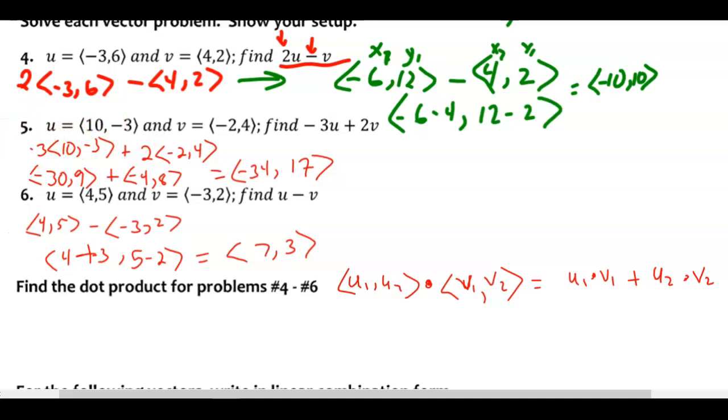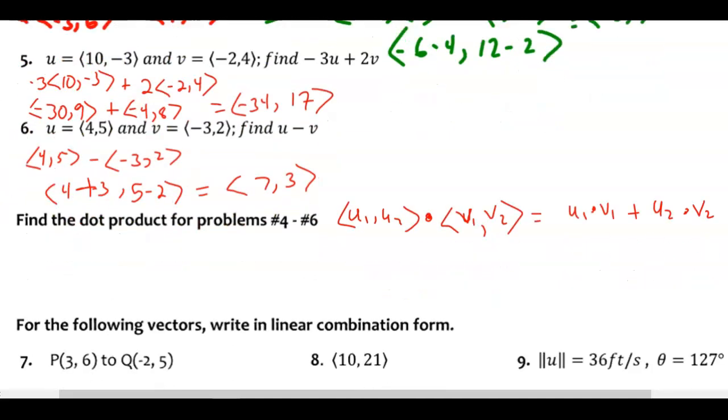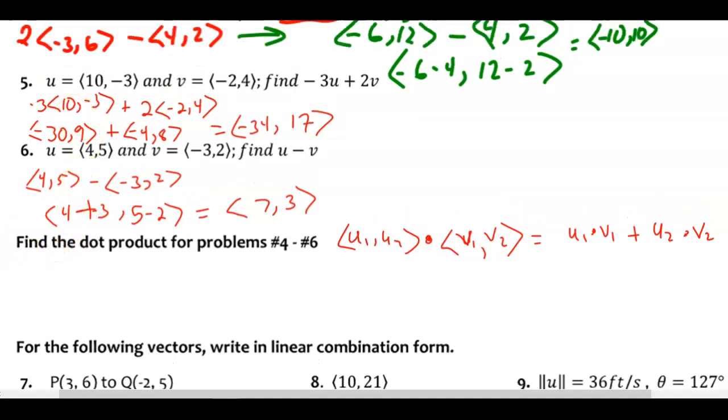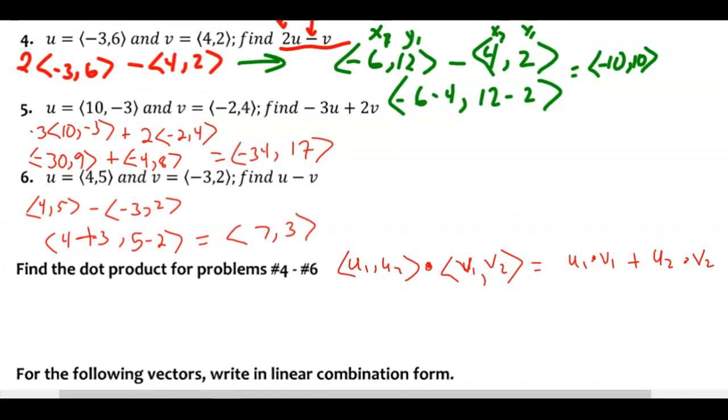So for this first one right here, we have negative 3, 6 and 4, 2.